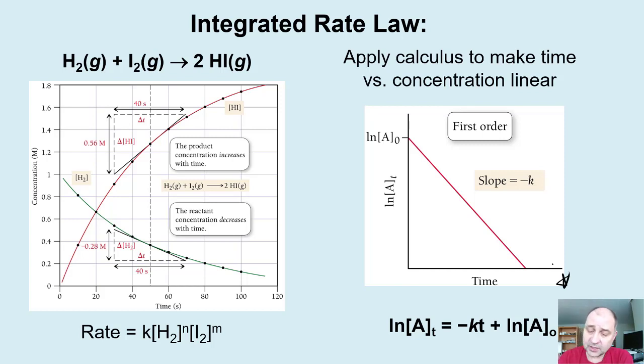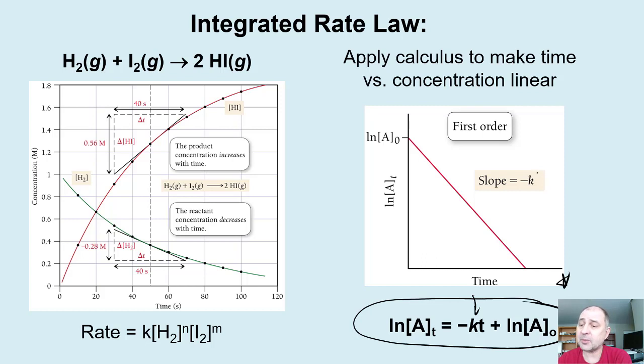And what that does is we can come up with an equation that allows us to determine K based on our data simply by solving for the equation, and the slope is going to be equal to negative k in this case. So that's nice, right? It also allows us to use this equation to determine the concentration of our reactant at time t, just by plugging it in instead of measuring, so we can predict that. So that's quite handy, right?